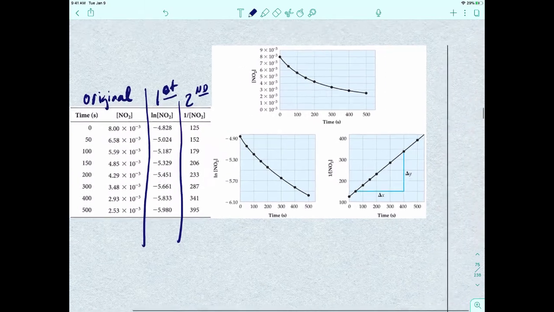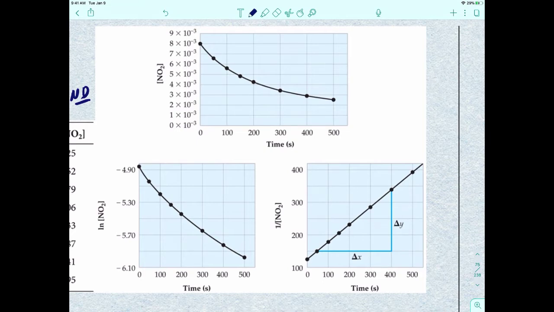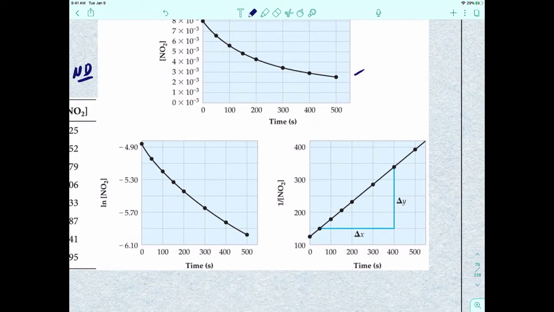What we're looking at on the right-hand side are our graphs. It looks like we've got a decay curve for the concentration of NO2 versus time. It looks almost straight-ish for the natural log of NO2 versus time, but we definitely have a straight line for 1 over NO2 versus time. So that's our winner.